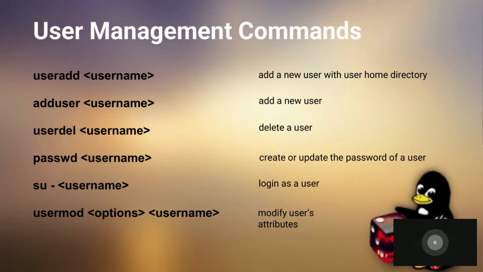So the first command is useradd. useradd is used to add a new user into the system. We can also use adduser. So useradd and adduser both perform the same function, but useradd, aside from creating a new user, also creates the home directory for the user and all the files, like the scripts needed to open up the command line, the bash script and all the rest.